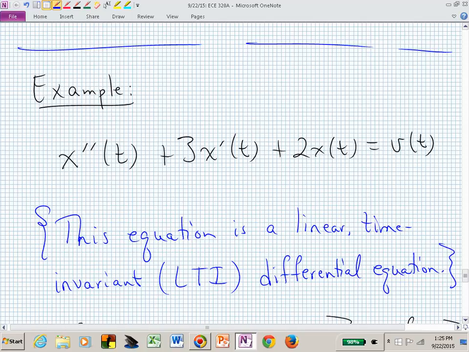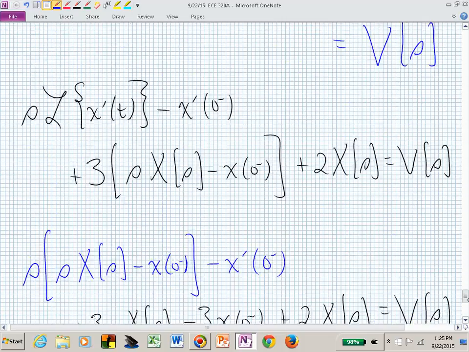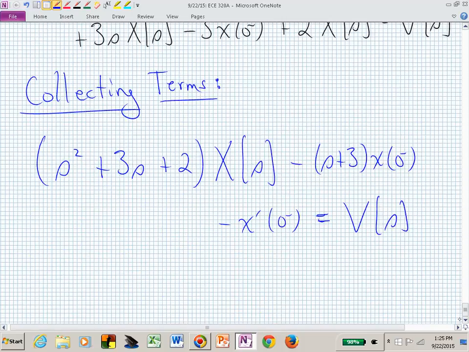So you're doing this algebra, then you solve for capital X of S. And then what do you do? You take it back over here by inverse Laplace transforming, and now you have little x of t. That helped, didn't it? Thank you. So now we have capital X of S over here.